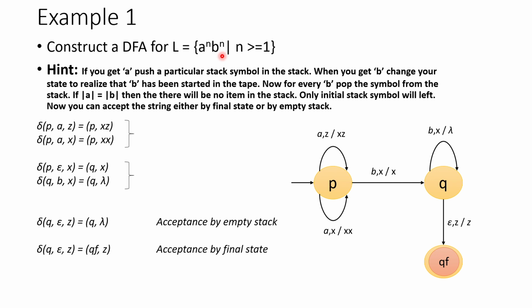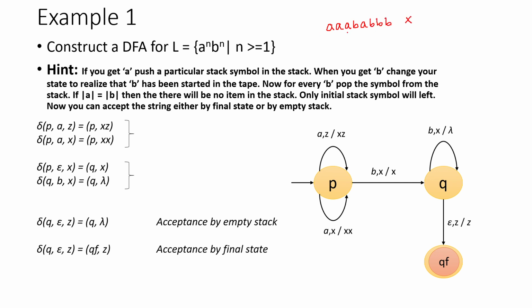But the situation is not so easy. Not so easy in the sense that if I have a string like a, then b, then a, then b, this is not correct.